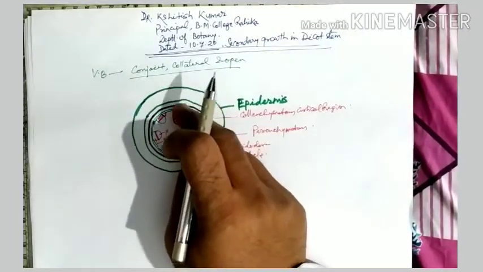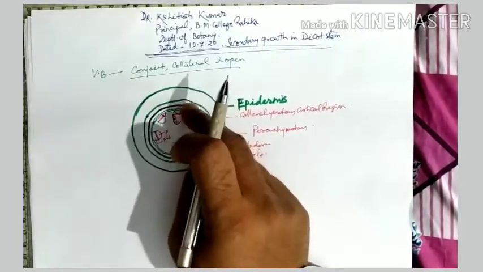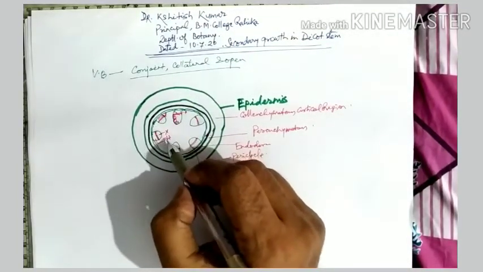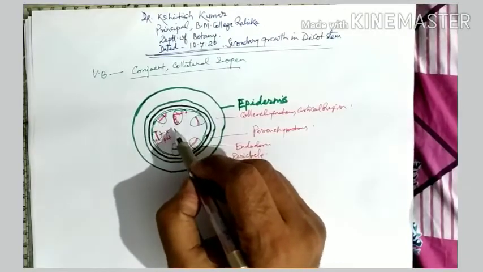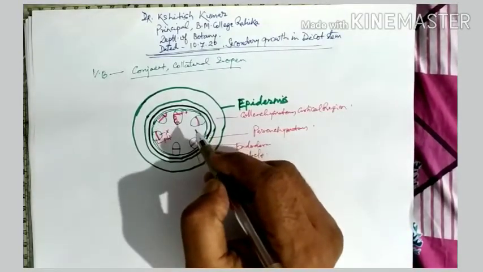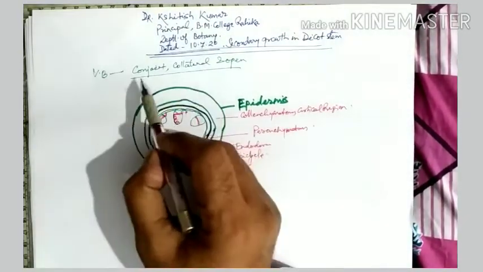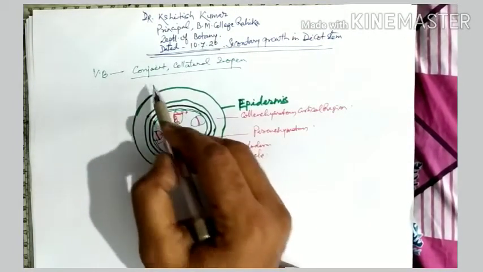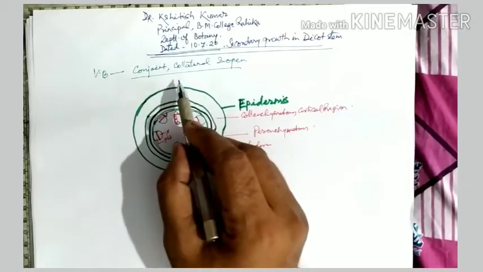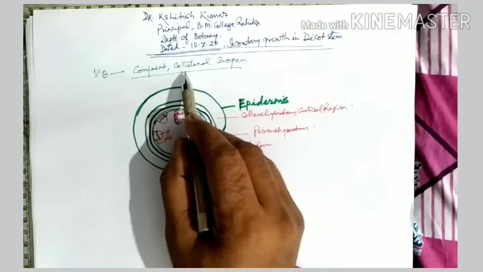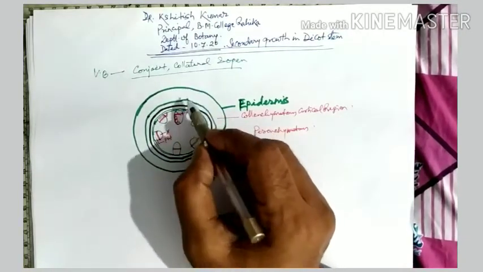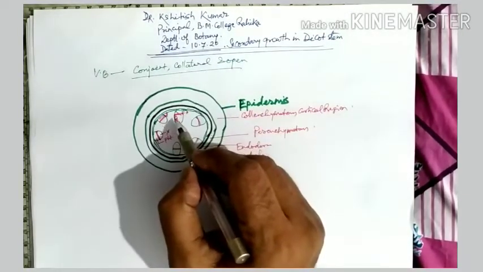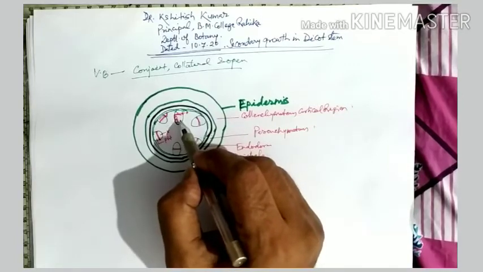Inside the ground tissue there are several vascular bundles arranged, and these vascular bundles are conjoint, collateral, and open. As I have said, conjoint means xylem and phloem together form a vascular bundle. Collateral means xylem is inward and the phloem is outward. Open means a strip of cambium is found in between the two.